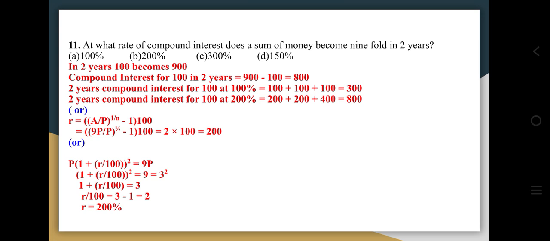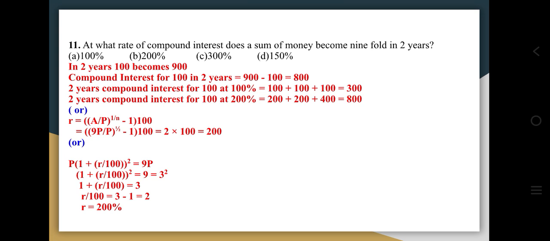In 2 years it becomes 9 times 100, that is 900. So what is the compound interest for 100 in 2 years? 900 minus 100, that is 800.